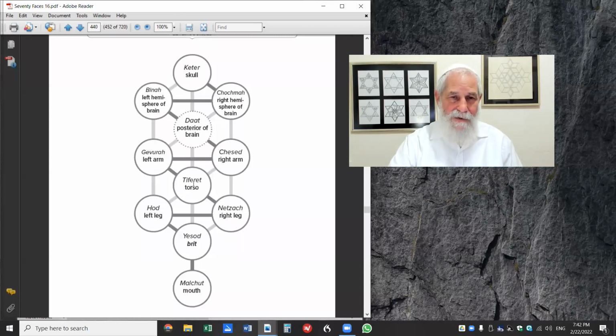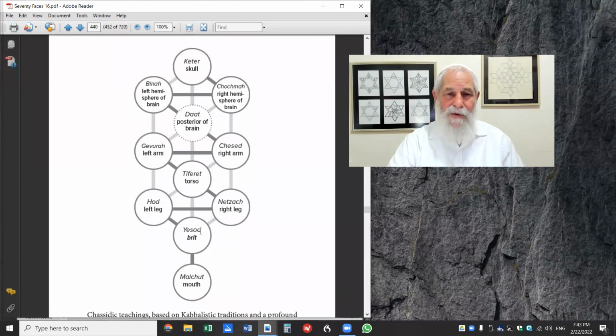Here is the heart. Here are the two legs. Here are the sexual organs. And the only one that surprises people is Malchut is connected to the mouth. But here it's also the feet, because everything rests on Malchut.